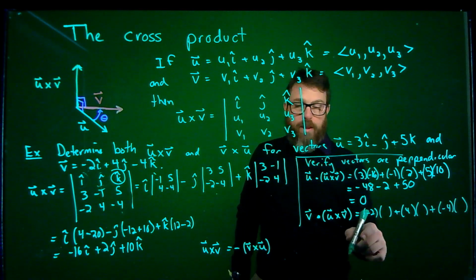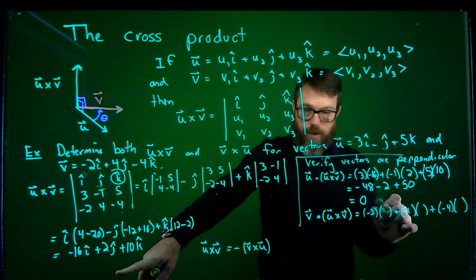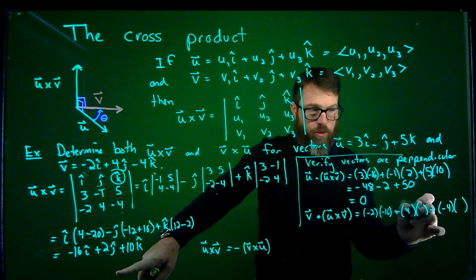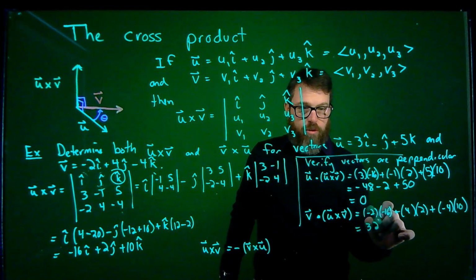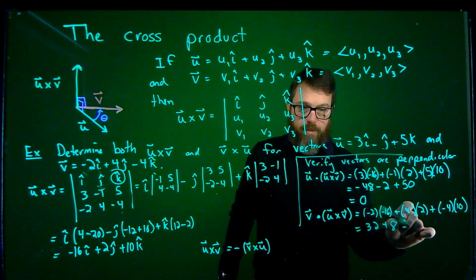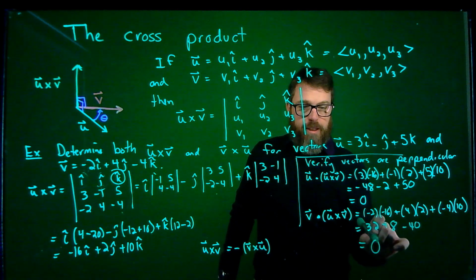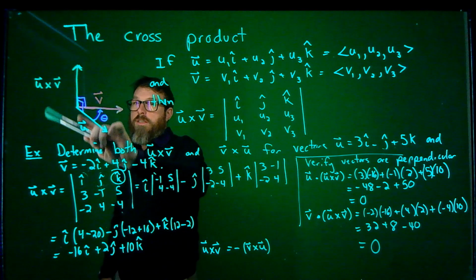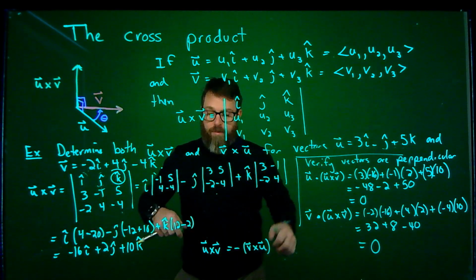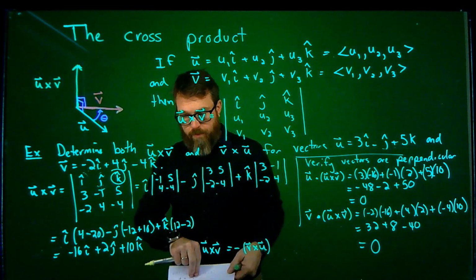And we already know that u cross v is going to be our minus 16, 2, and then 10. So let's just double check. So this is going to be 32 plus 8 minus 40. Again, we can see that that is 0. Again, verifying that our cross product is indeed perpendicular to both of those vectors.